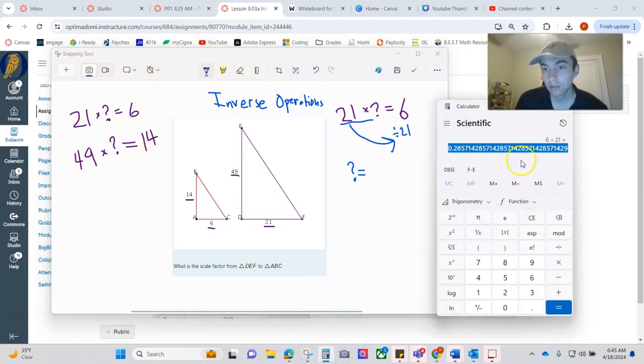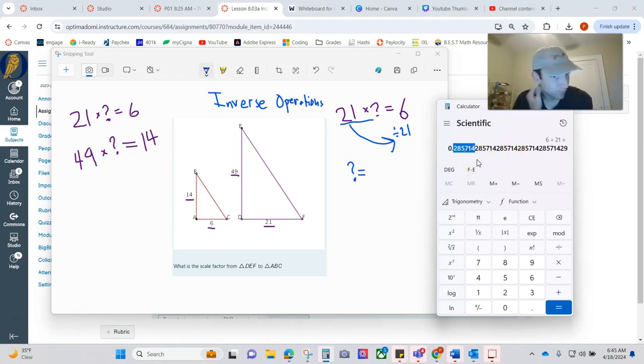And looks like 6 divided by 21 is 0.285714, repeating forever. And I think that's our scale factor, but let's see if we get the same number for this equation too.